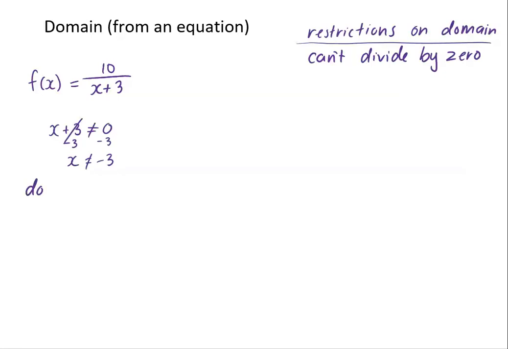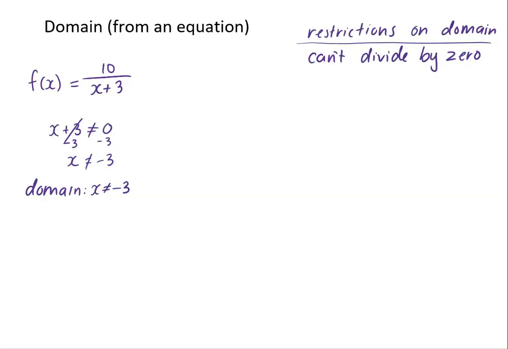So our domain for this function is any number you want as long as it is not x equals minus 3. Minus 3 is not allowed to be in our domain. So the domain is x not equal to minus 3. Everything else is fine. But if we put in minus 3, then that would be dividing by 0, which we are not allowed to do.